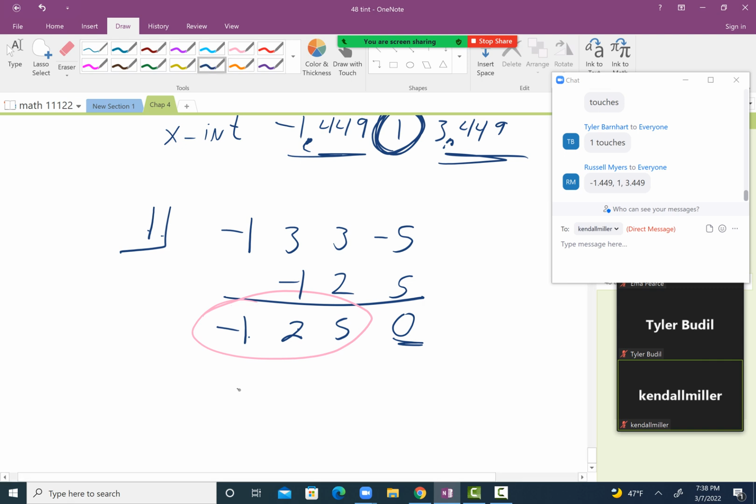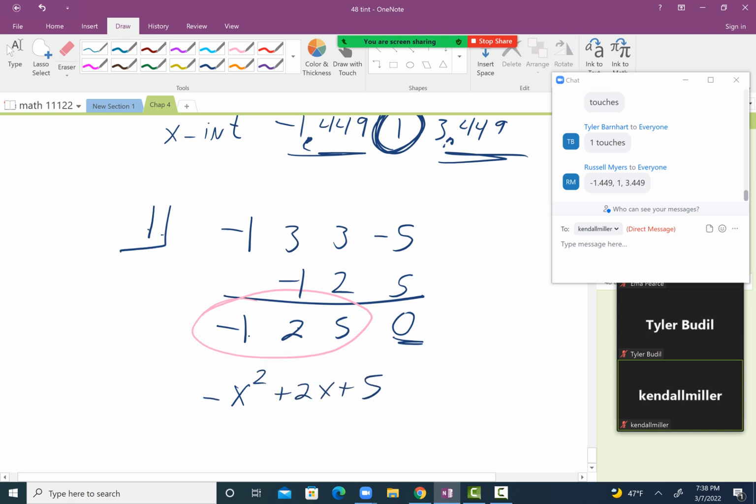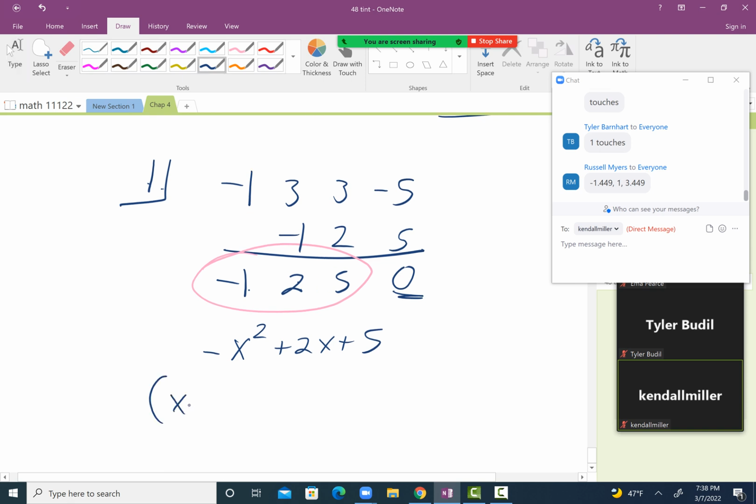So now we've reduced this down to a quadratic. So in factored form, it would look like this. That means that if we were to FOIL these, we'd end up with what we started with.